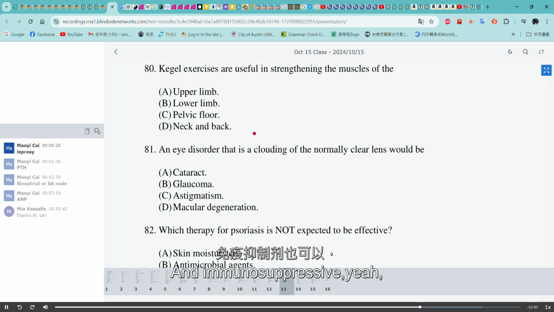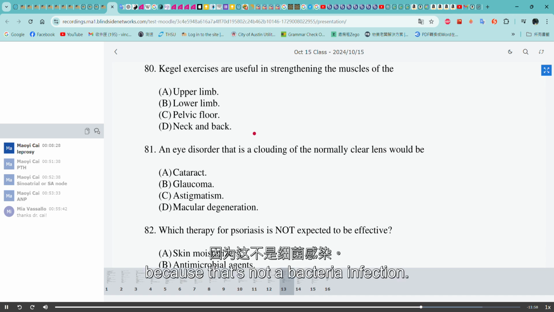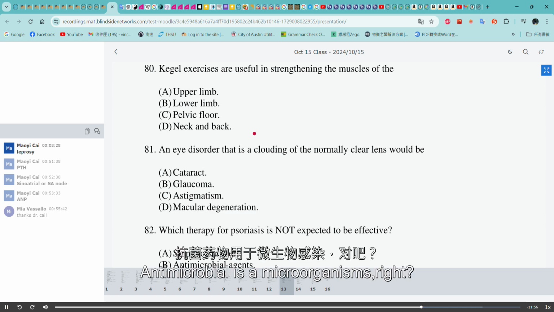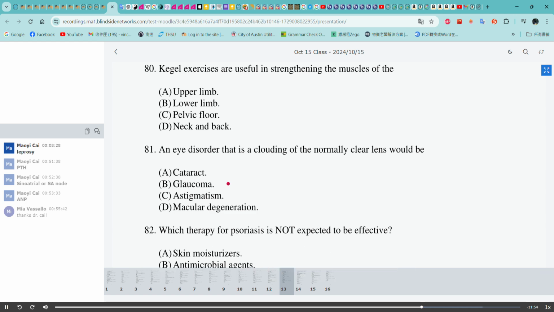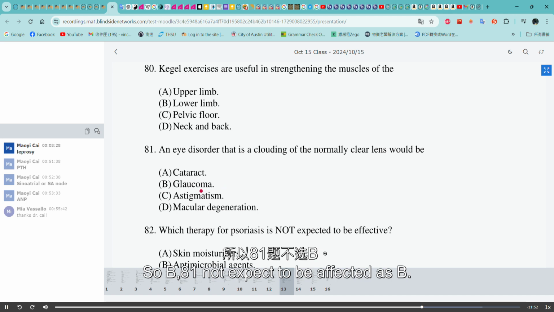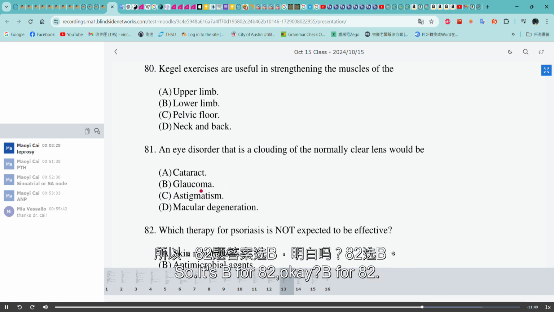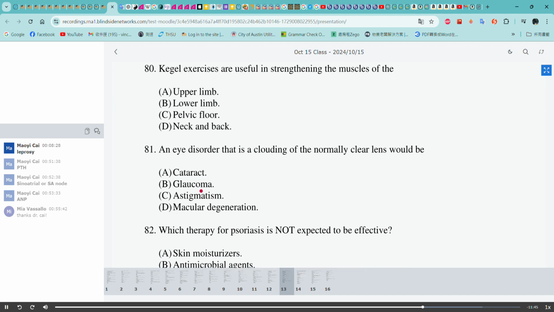And immunosuppressive, yeah, because psoriasis is caused by the immune system. So everything's good except what? Antimicrobial, because that's not a bacterial infection. Antimicrobial is for microorganisms, right? So B is not expected to be effective. So it's B for 82, okay?